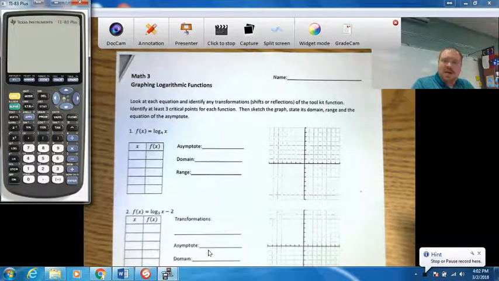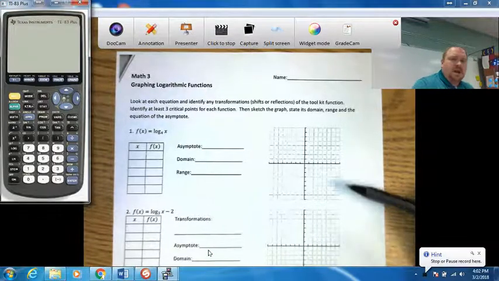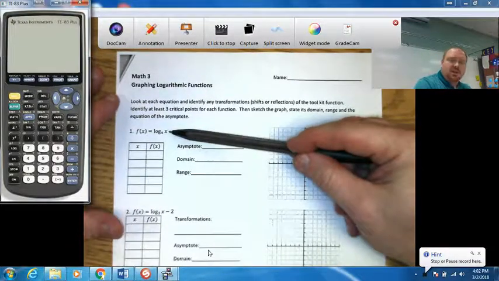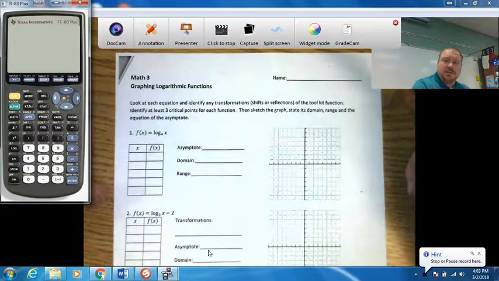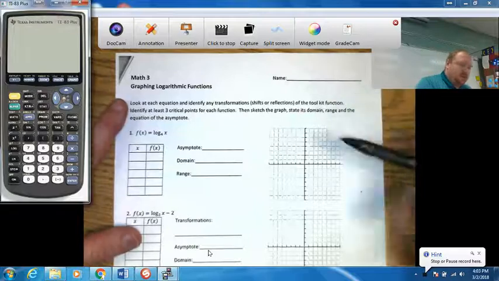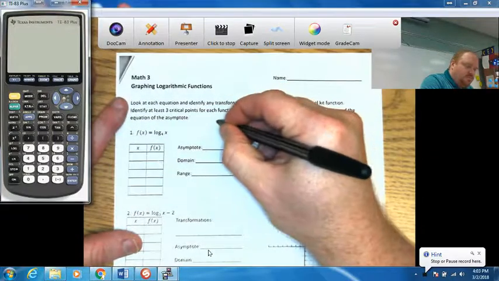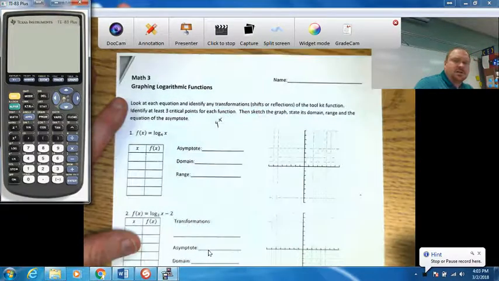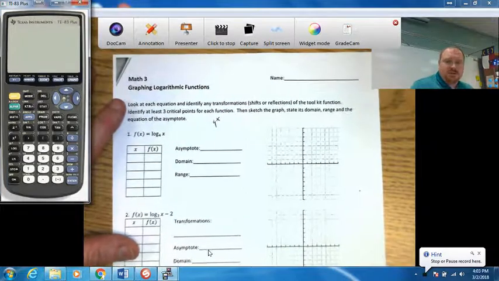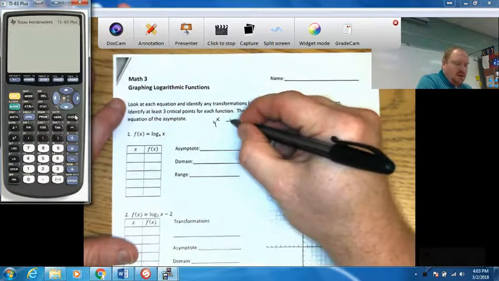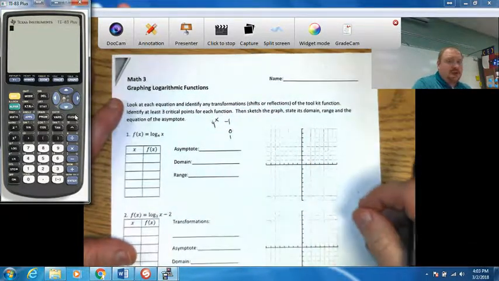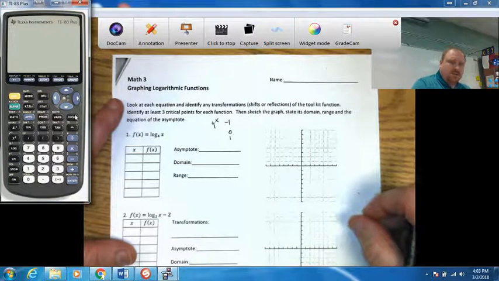I'm on page 33 in our current packet, and this problem here is just log base 4 of x. So there's no transformations present here. So what I'm actually going to do is graph the exponential. So I'm going to use -1, 0, and 1, just like we have been for graphing the exponentials.